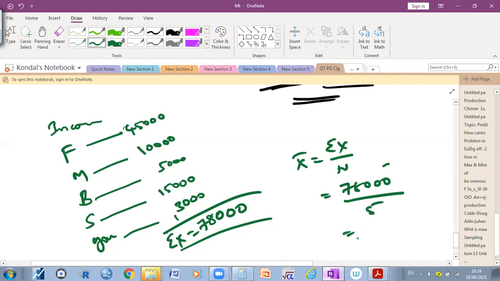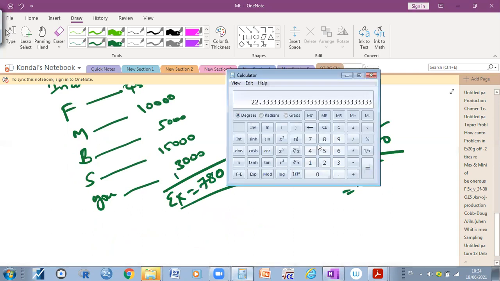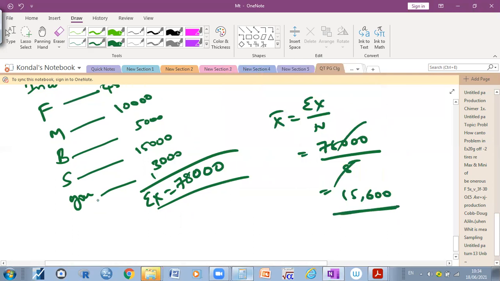So 78,000 divided by 5 gives 15,600. So in your family, the average income is 15,600 rupees. Have you understood this one?